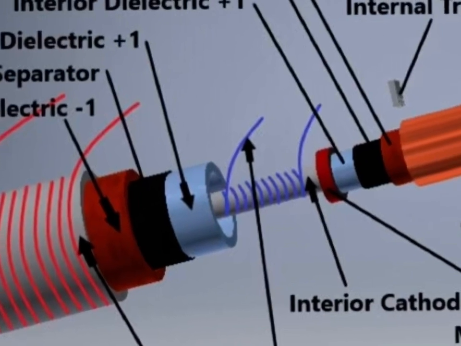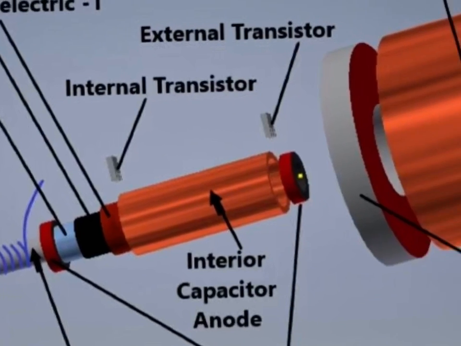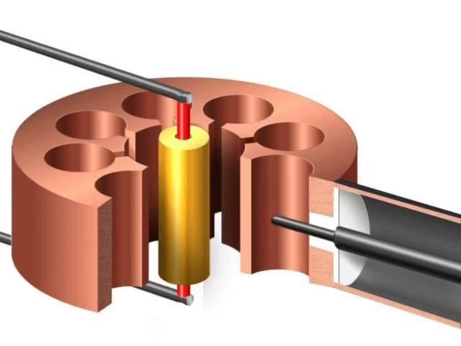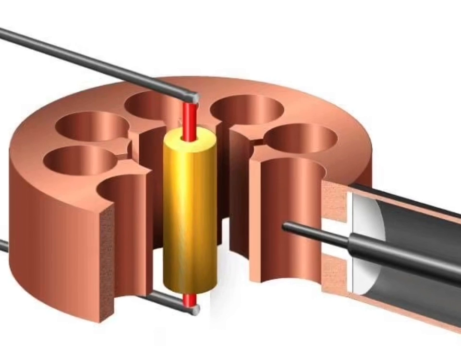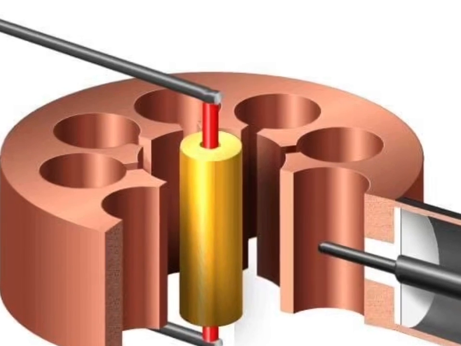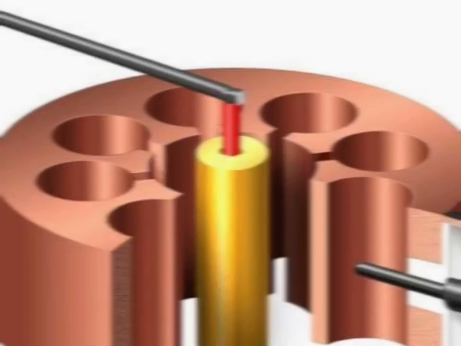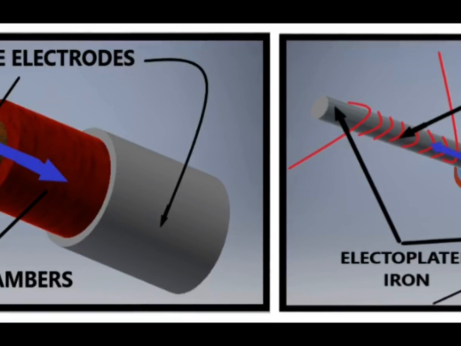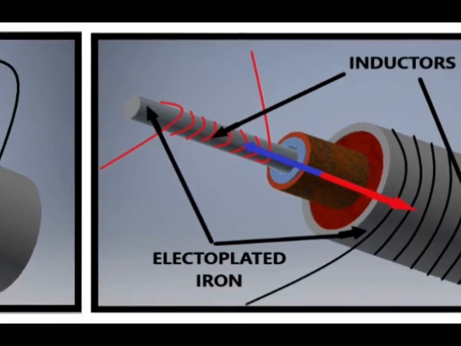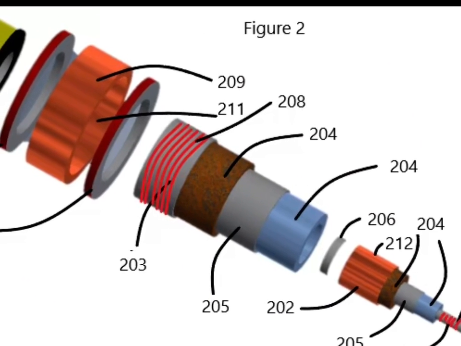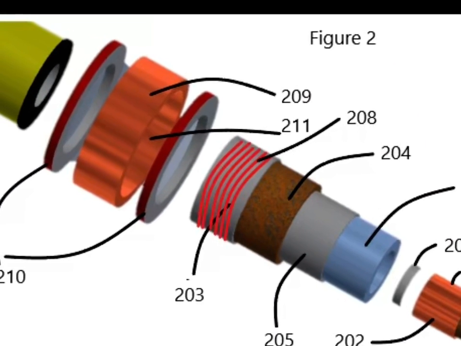And that cathode is actually the interior cathode of the magnetron. And where a typical magnetron has its cathode with a filament to heat, that filament is actually replaced either in full or in part through the operation of the capacitor set.